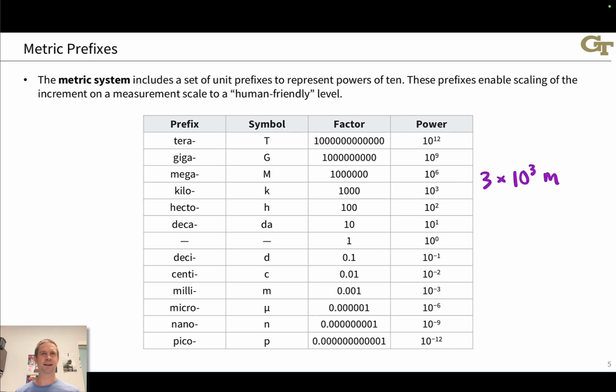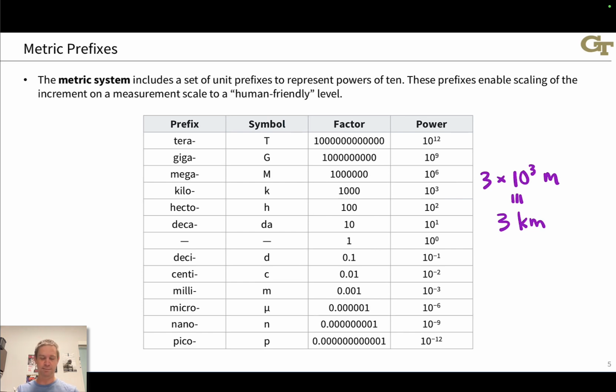Well, instead of having to say 3 times 10 to the third meters or 3,000 meters, which is a bit of a mouthful, we can just take that 10 to the third and we're going to call that the kilo prefix and say that this measurement is equivalent to 3 kilometers. These two expressions of a measurement are saying the exact same thing. They're exactly equivalent, and that kilo prefix is used to refer to 10 to the third power.